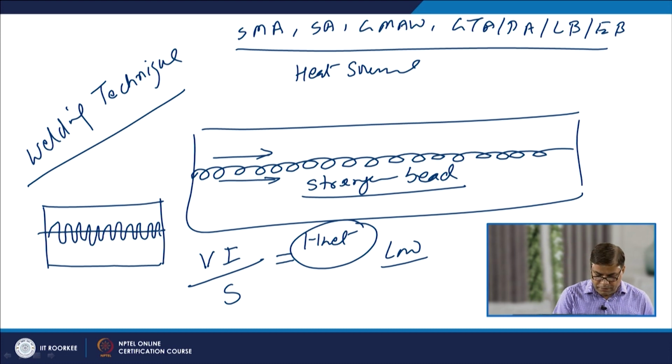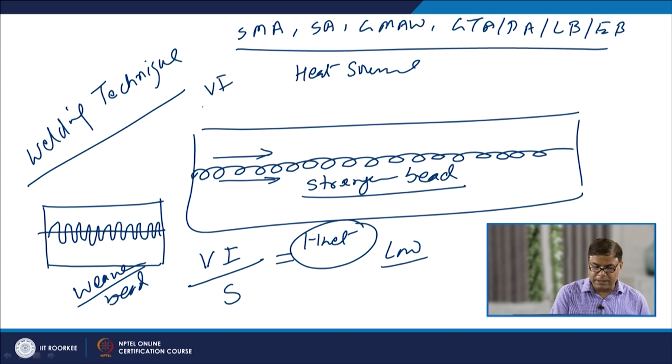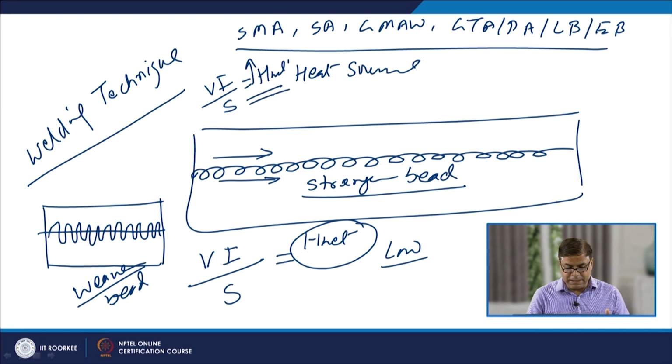When weaver bead is applied, the speed of movement of the heat source in the direction of welding is reduced. If the speed S is reduced, then the net heat input is increased for a given current setting. The increased heat input deteriorates the weld joint properties, especially the notch toughness and the strength.